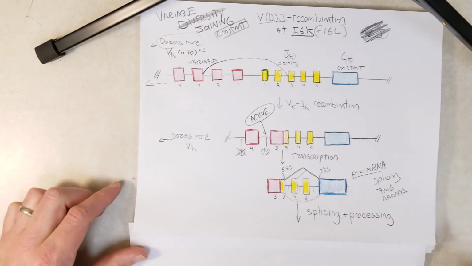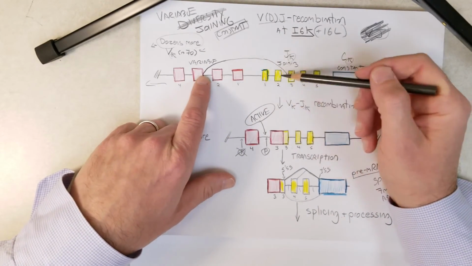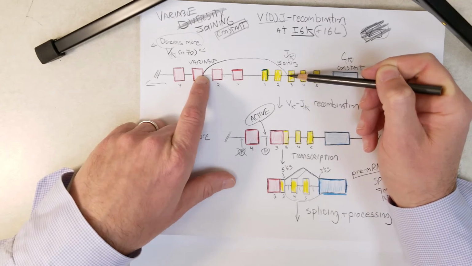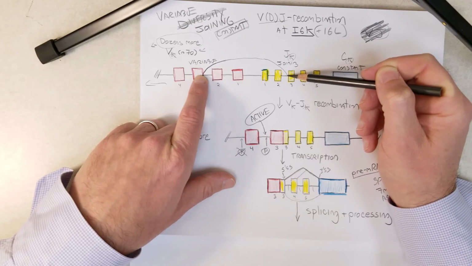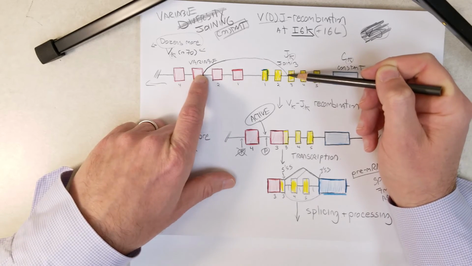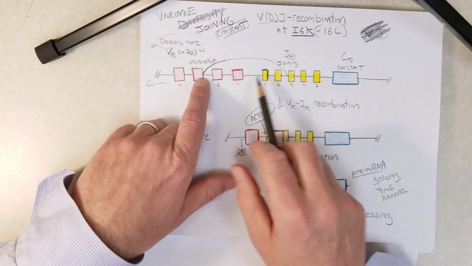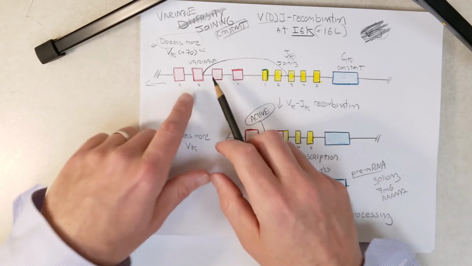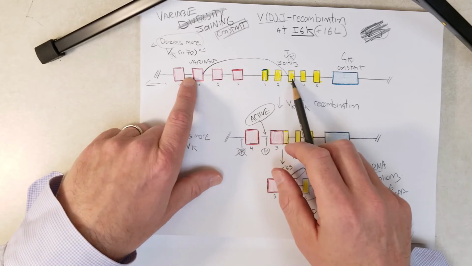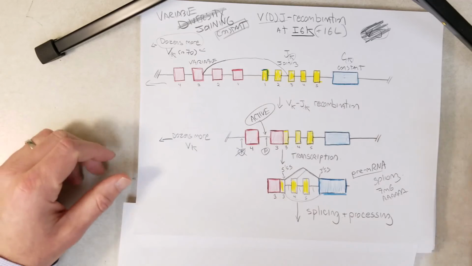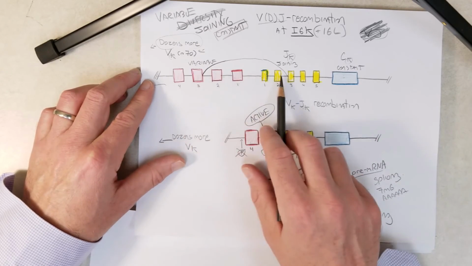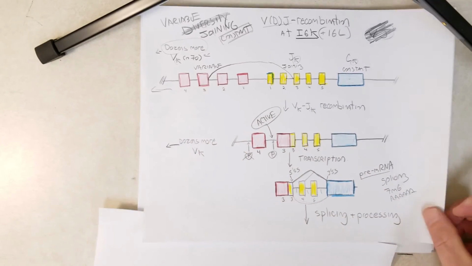We are going to talk more about the specific details of how this recombination process works and how we can get some mutations put in here or add some more variation in addition to just joining different variable segments to different joining segments. We'll see that in the next lecture. Right now, we're just focusing on the overall process of joining the different segments together.